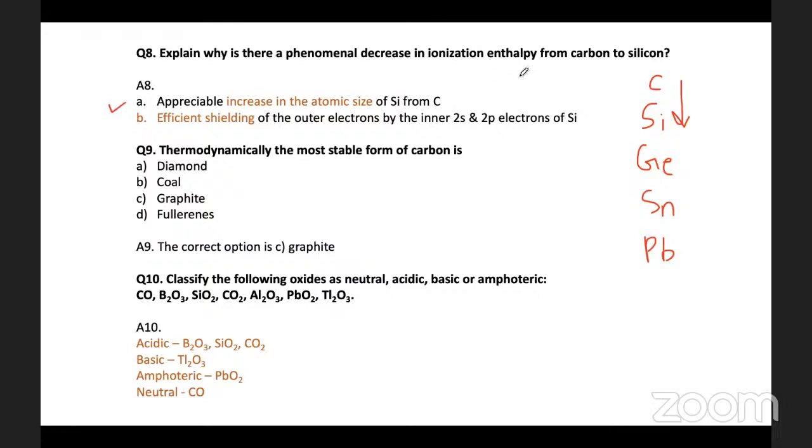Now carbon has the electronic configuration 1s2, 2s2, 2p2. So 1s is here, then 2s, then 2p.